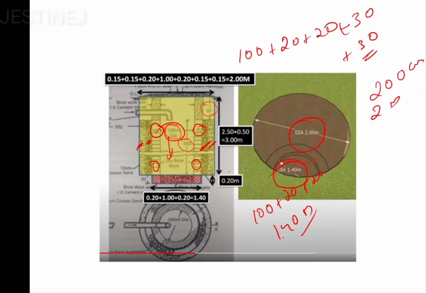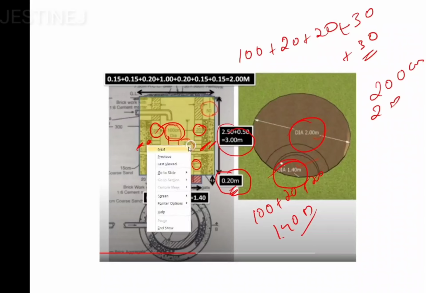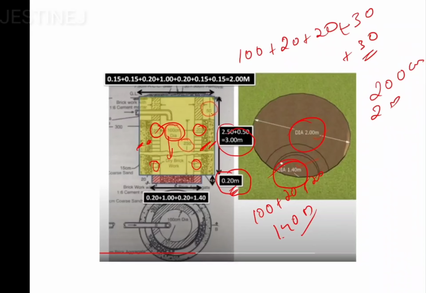And one more thing you have to observe, that the height of this lower portion is going to be 0.2 meter, and the height of the topmost portion is going to be 2.5 or 250 plus this 50, you will get 3 meter or 300 centimeters.